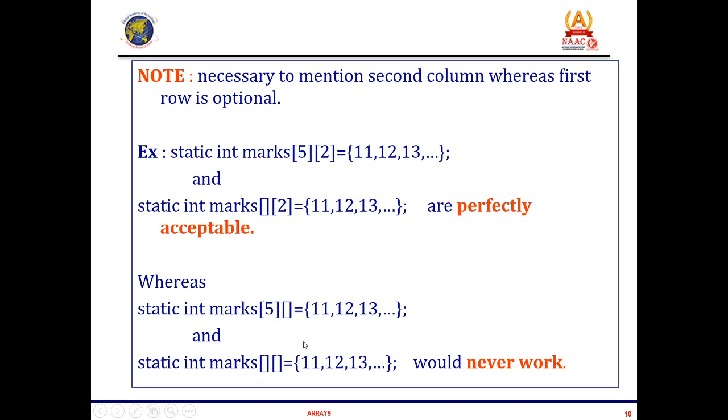But my experience says two things. One, in case of a single dimensional array, it is good that you skip the dimension. But in case of a two-dimensional array, I always suggest and recommend that you give both the dimensions. Otherwise, it is totally left up to you what methodology you want to follow when you initialize the elements of an array in the two-dimensional case.